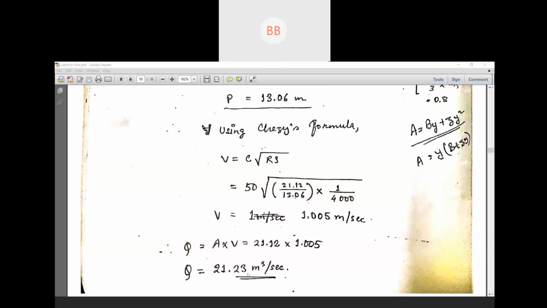So Stephanie, you check once again. If the area you are getting is 21.12 and the velocity is more than 1, then the discharge cannot be less than 21.12, because we are multiplying. So kindly check again.